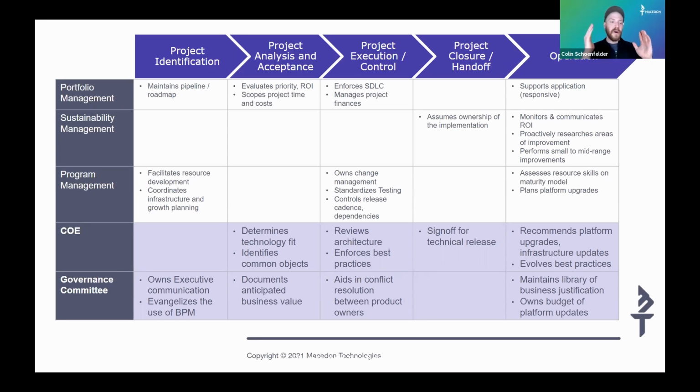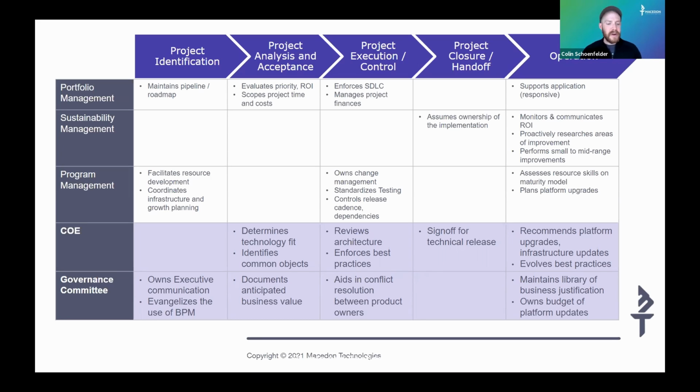And so figuring out what the different integrations, what the different data points and what the different common objects are that can be used as part of this project to accelerate its development is a huge part of what they're doing at the beginning of the project, and making sure that they are taking advantage of and adding to the collection of different things that can be standardized across a project. So COE definitely is very interested in that beginning of project.